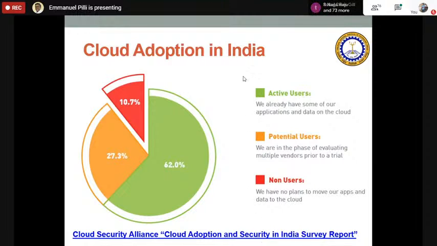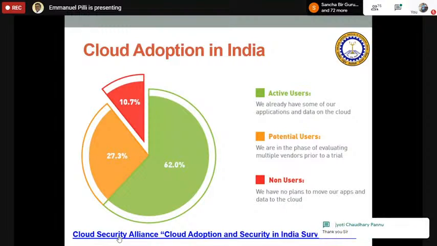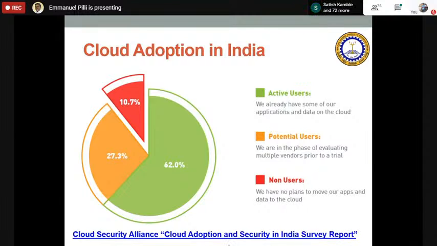Just imagine, maybe some of you can guess why an organization which is not Indian, a US-based organization, maybe informally sponsored by government agencies like NIST and others to do research, has specifically focused on India and prepared a survey report. You can just type this on Google. It's an open source report, so you can get it: cloud adoption and security in India. Some slides are taken from that, with some viewpoints to say that a lot of people in India have already started to be active users of cloud.